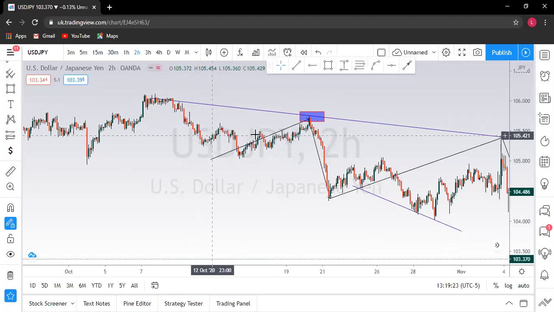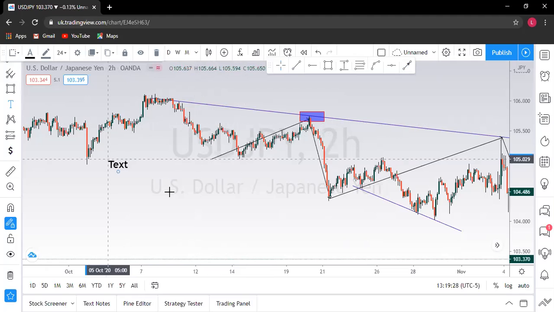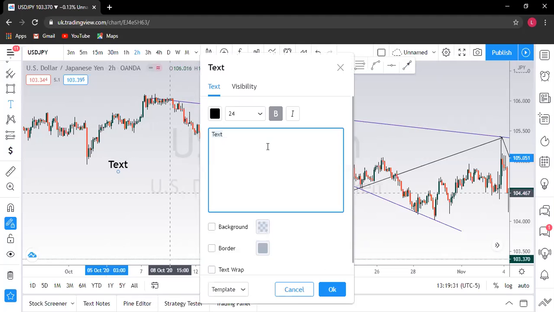Another thing that people make use of as confluence is what is known as RSI. So let me write everything. We make use of candlesticks. We make use of RSI, that's relative strength index.